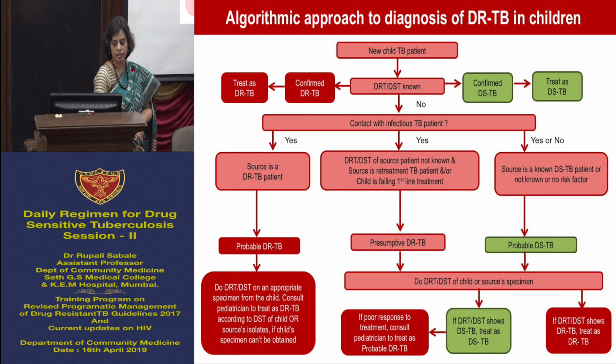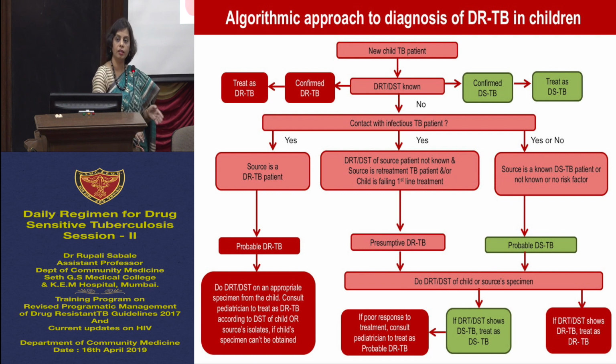If the drug resistance is not known, or if the source is a retreatment TB patient, that means a previously treated patient, or if the child is on first line treatment and that first line regimen is failing, that means the child is not responding to the first line treatment, then we call it presumptive drug resistant tuberculosis.